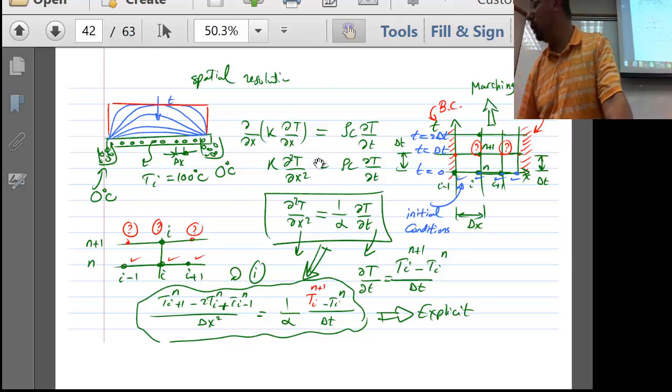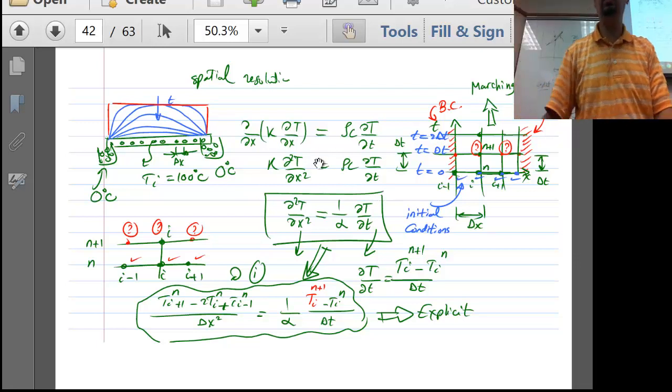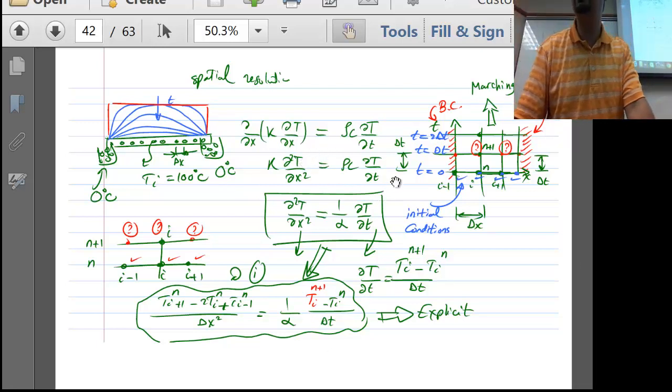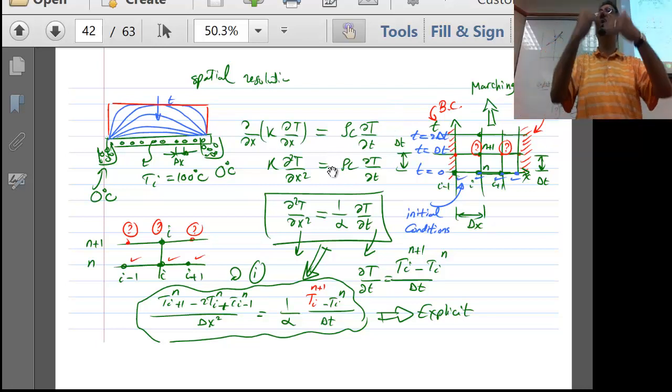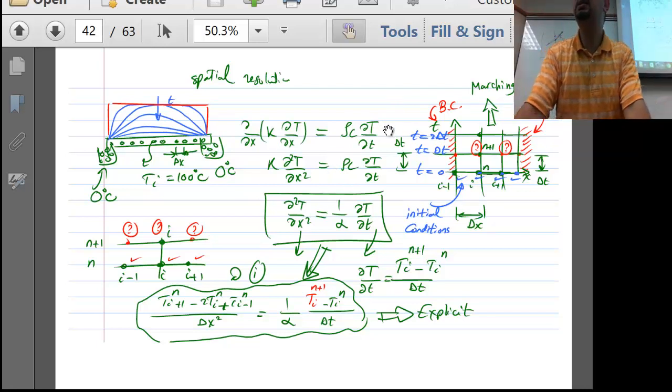Here I'm trying to show you where this came from. If you take heat transfer, you know that this is the general equation of conduction. Here's the conduction, here's the unsteady term. In many problems when it's steady, we cancel this, but if the problem is unsteady, when this thing is being heated or cooled, this stays, and that's why you end up with a partial differential equation.